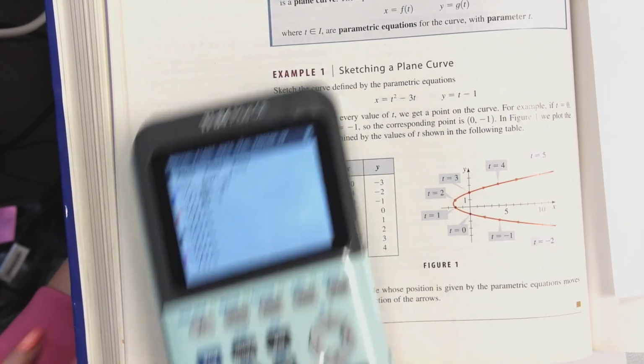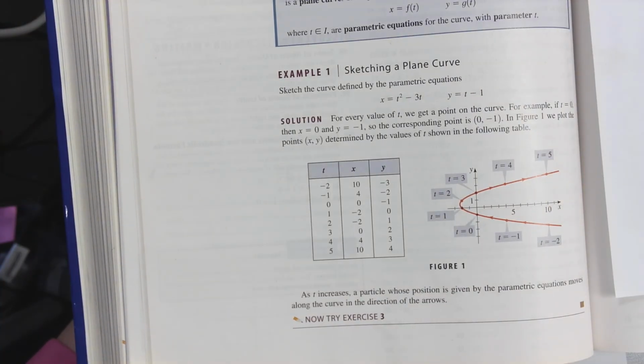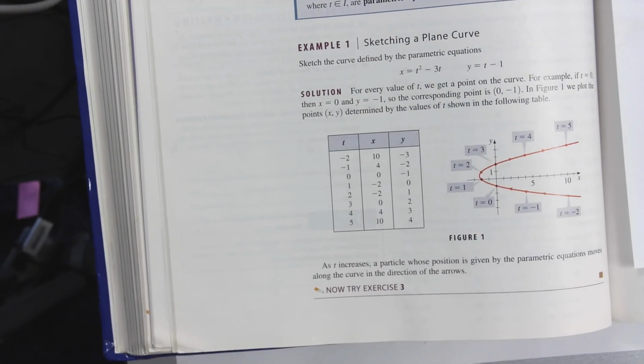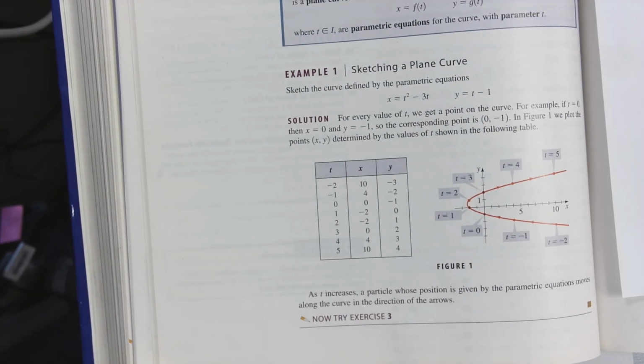Okay, so go ahead and graph yours, and then I want you to write if that looks like what we have here in example 1. Okay, so look at your example 1 right there, and then just say yes or no.